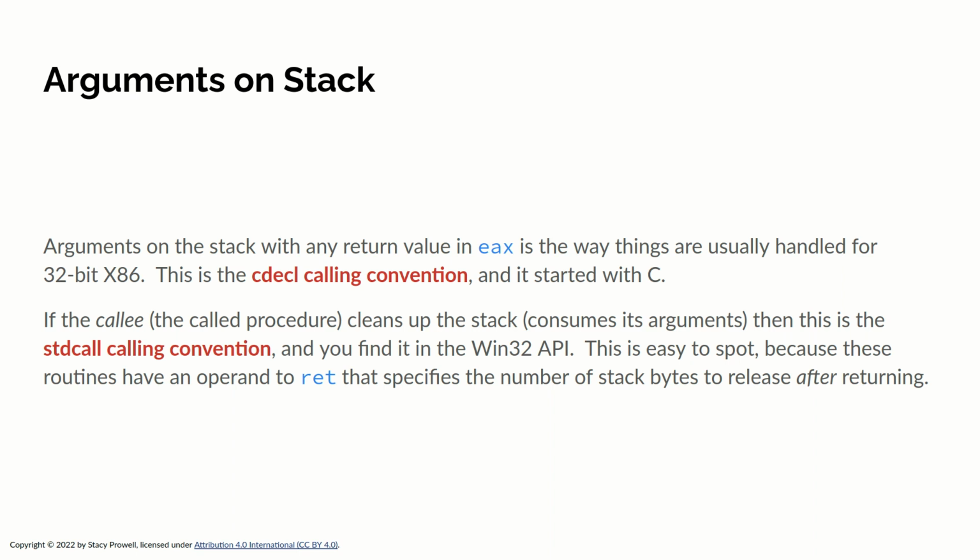It's easy to spot this because when you see a return, it will often have an argument. So, return 16. Is return 16 returning the value 16? No. Return 16 is saying do the return and then deallocate 16 bytes off the stack. We'll see how this works. But that's the standard calling convention.